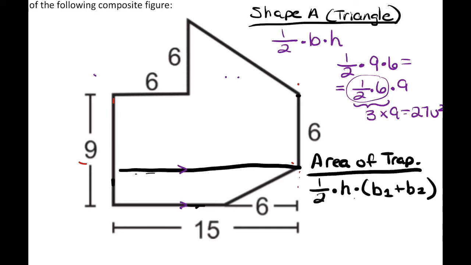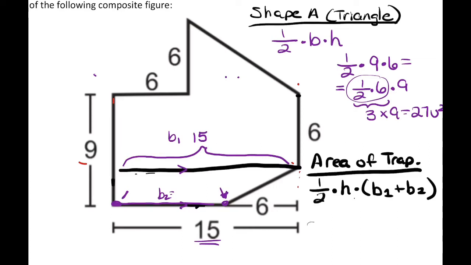So the base right here, you can call this base 1 or base 2, it doesn't really matter. But that base, we're going to call base 1, that's going to be 15. And right here, base 2, what is it from here to here? I see 15 as well right here. But remember, look at what that 15 represents.